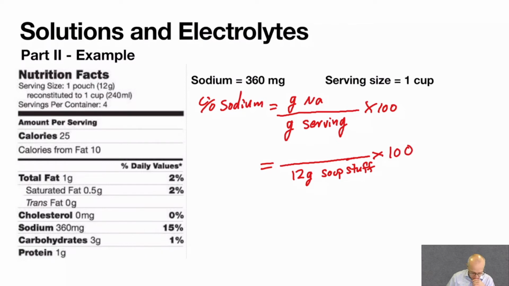Now, we also need to know how many grams of sodium, but we only know milligrams, right? So we've got to convert milligrams to grams. 360 milligrams.